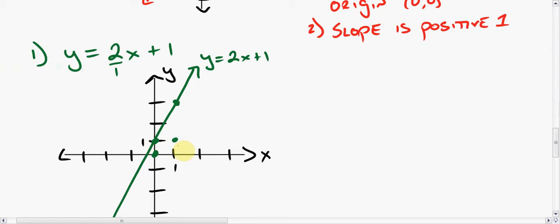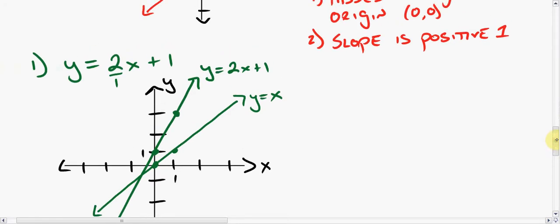Now I'll draw a line passing through both of these points. And this is y equals x. I like to label them when I have more than one line in the same coordinate plane, so it's easy to see right when you look at it which line represents which function.